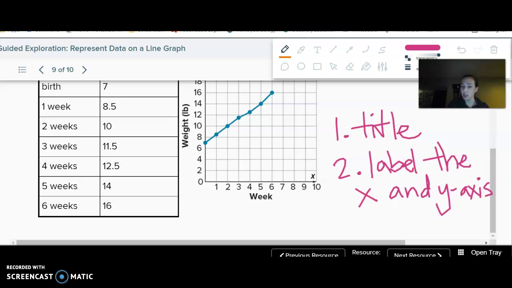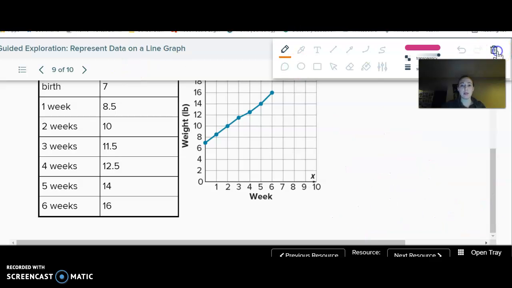And then our third step is to plot the data. I would just write those notes to yourself that those are the steps you go through when you are making a line graph. Because you're going to do one more in the next graph and then answer some questions about some data.